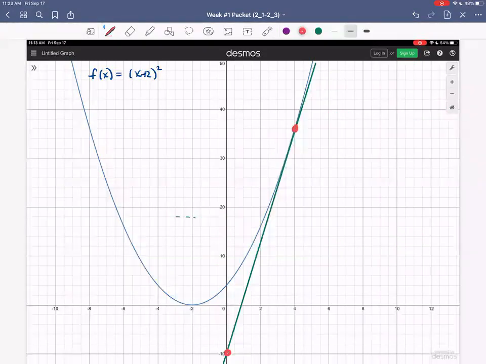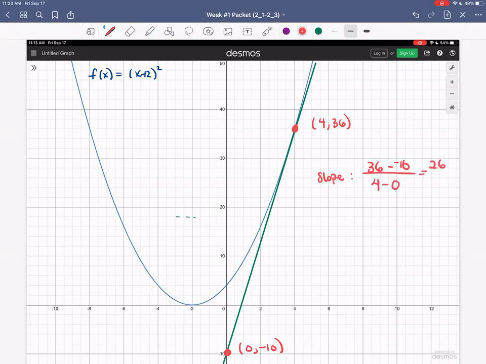All right, so your tangent line should look something like this. So we have the point 4, 36 on our tangent line. And I found another point approximately on our tangent line here, 0 and -10. So the slope of this tangent line would be as follows. Difference in y's, 36 minus -10, over difference in x's, 4 minus 0.